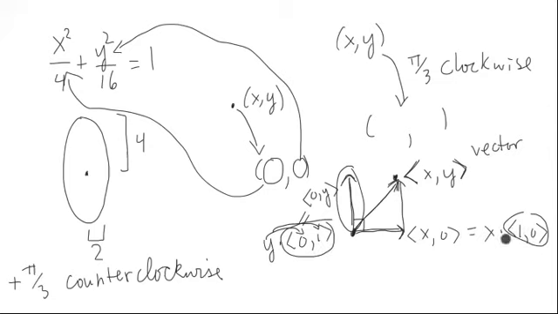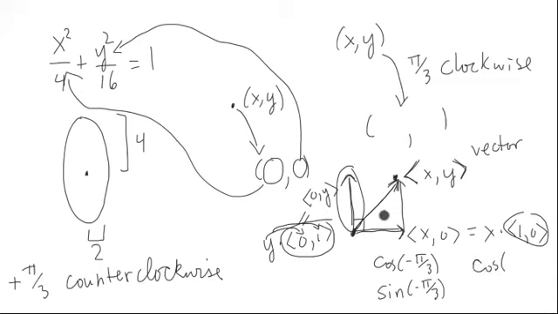Now these are on the unit circle, so rotating should be pretty simple. This one rotated by pi thirds clockwise will be cosine, sine, and I'll write that in a column: cosine of negative pi thirds, sine of negative pi thirds. That'll be the final destination of 1, 0. What's the final destination of 0, 1? Well, basically it's the same as this destination, but with pi halves counterclockwise added to it.